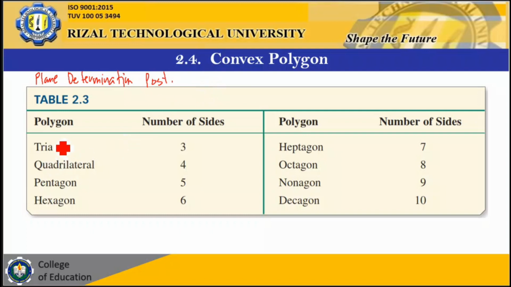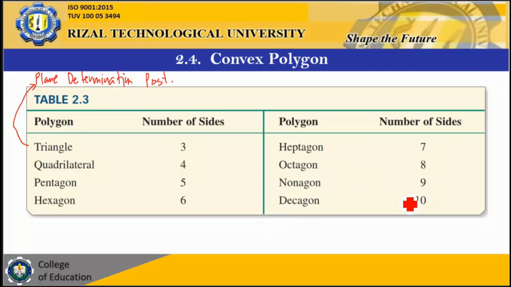So basically, that is a triangle. A polygon with 3 sides is a triangle. A polygon with 4 sides is a quadrilateral. A polygon with 5 sides is a pentagon. 6 sides is a hexagon, 7 is a heptagon, 8 is an octagon, 9 is a nonagon.